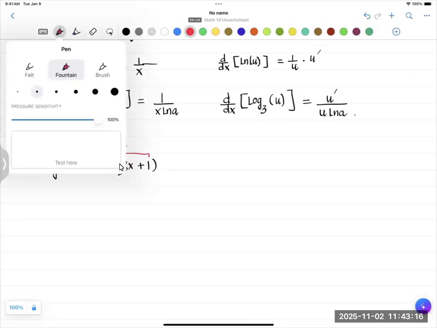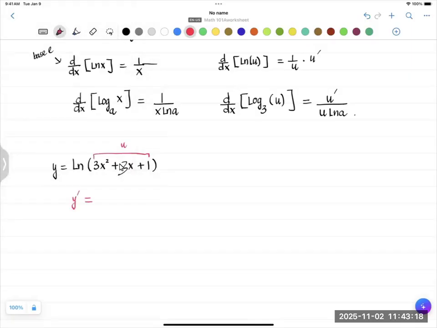Then the derivative y prime will be 1 over u times u prime, so 1 over whatever is inside the parentheses, times u prime. What is u prime? You apply the power rule, so u prime will be 6x to the power 3. So you have this times 6x cubed, and that's the derivative of the logarithm.